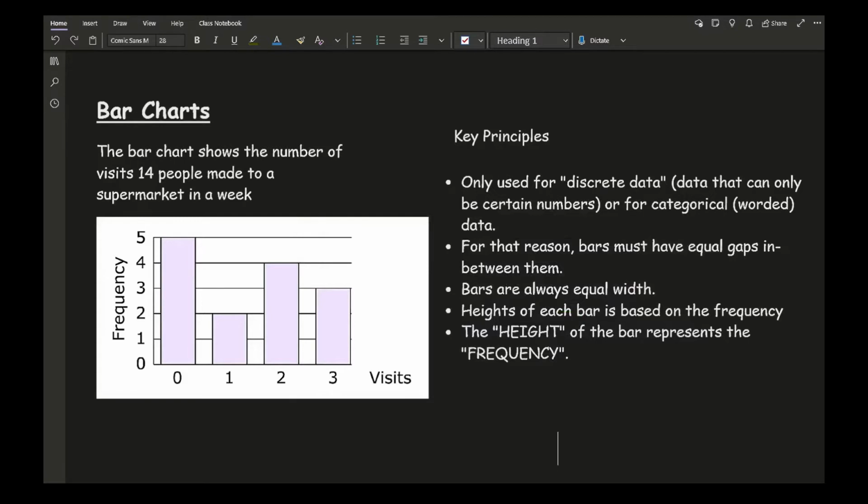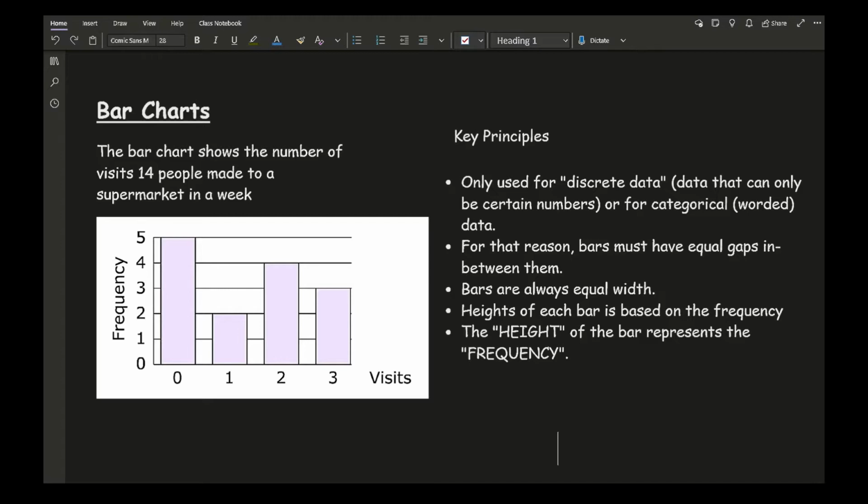So as you can see, we've got an example of a bar chart. The bar chart shows the number of visits 14 people made to a supermarket in a week. The key principle of this particular bar chart is that, one, it's only used for what we call discrete data. That's quite a high level mathematical word, but basically discrete data is data that can only be certain numbers. So for example, you can't visit the supermarket 1.7 times.